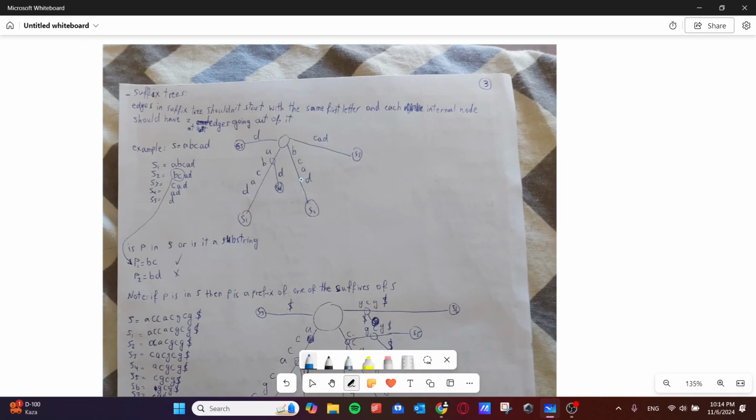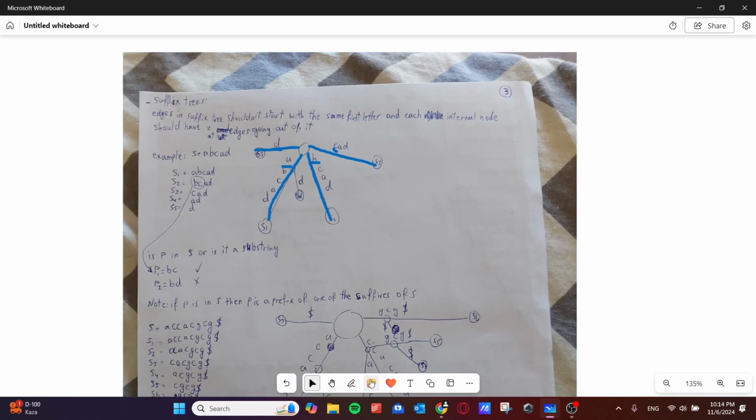So here, as we can see, this edge is starting with the letter C, this one with the letter B, this one with the letter A, this one with the letter D. They are not the same.